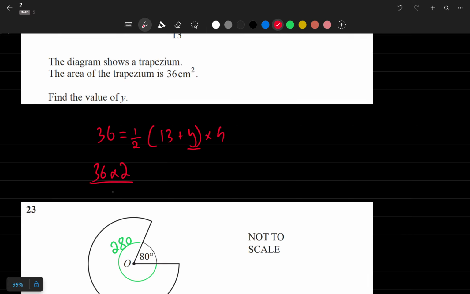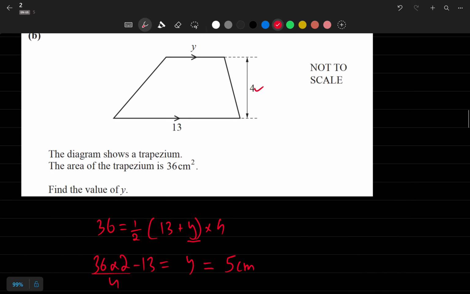Now this 13 is positive. If you shift it to the other side, it will become negative. So 36 multiplied by 2 divided by 4 minus 13 is equal to y, and if you solve this you will get an answer of 5 centimeters. This is the value of y.